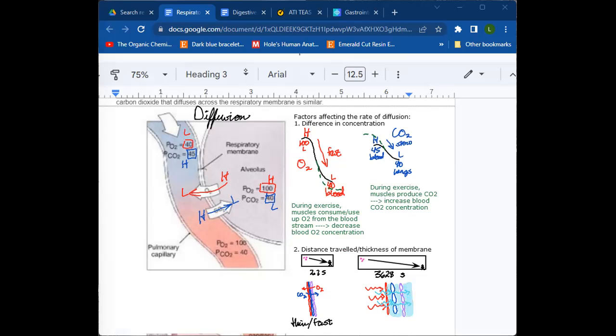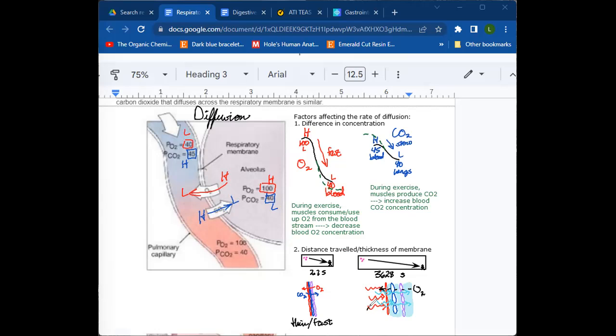And so now the oxygen, which is in the alveoli, is way over here. It has to travel a lot farther now in order to get into the bloodstream, all the way through all of this, and then finally at the capillary.